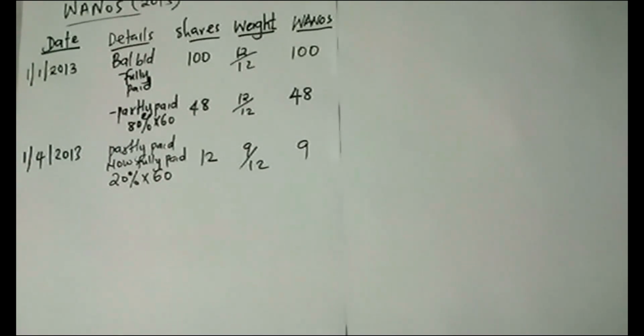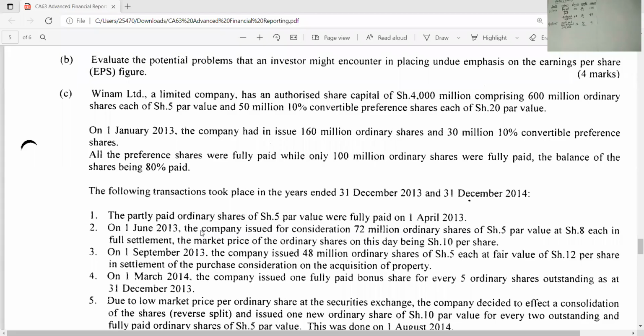So we continue with additional information number 2, since we are done up to additional information number 1. They say on 1st June 2013, the company issued for consideration 72 million ordinary shares of shillings 5 par value at shillings 8 each in full settlement.